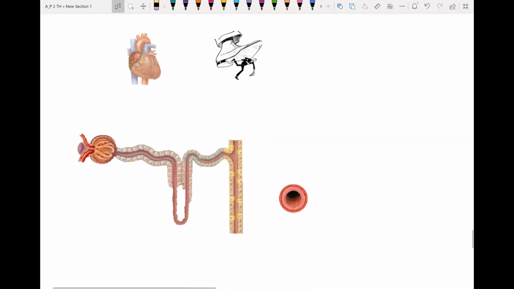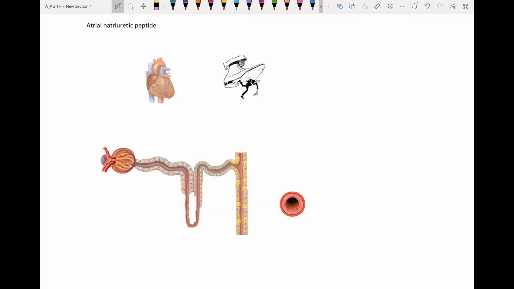Then we have ANP. This is atrial natriuretic peptide. This comes from your heart. It is when your heart is overstretched by too much blood.